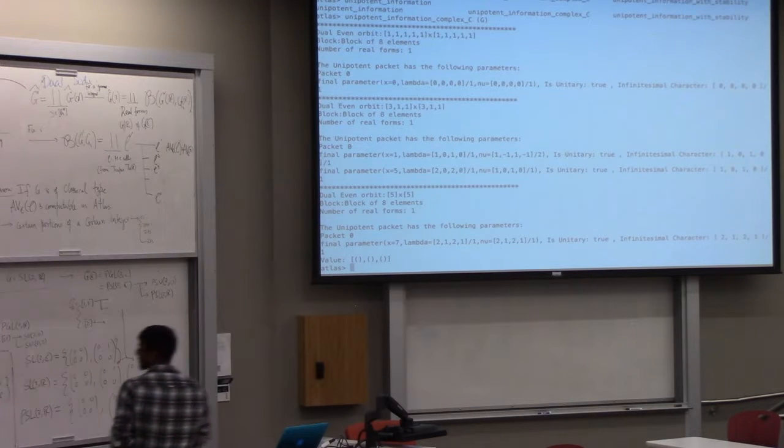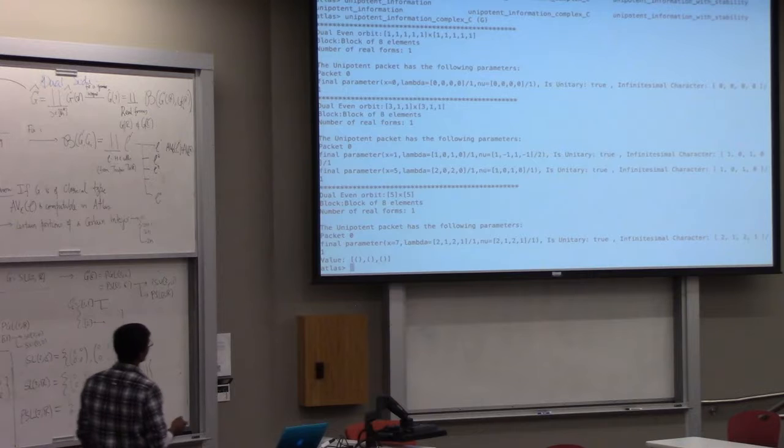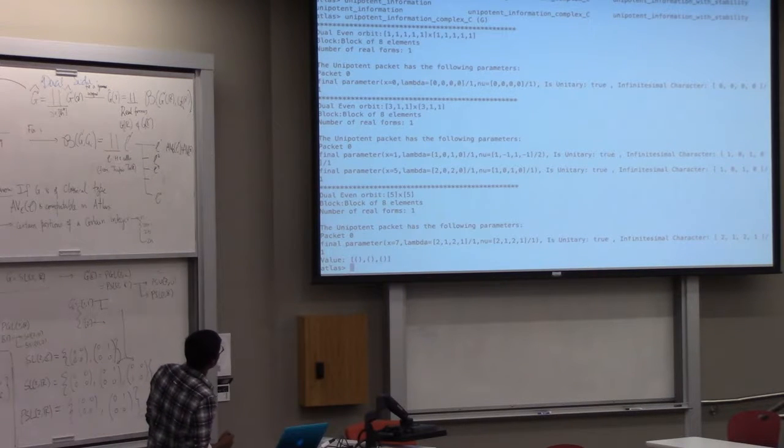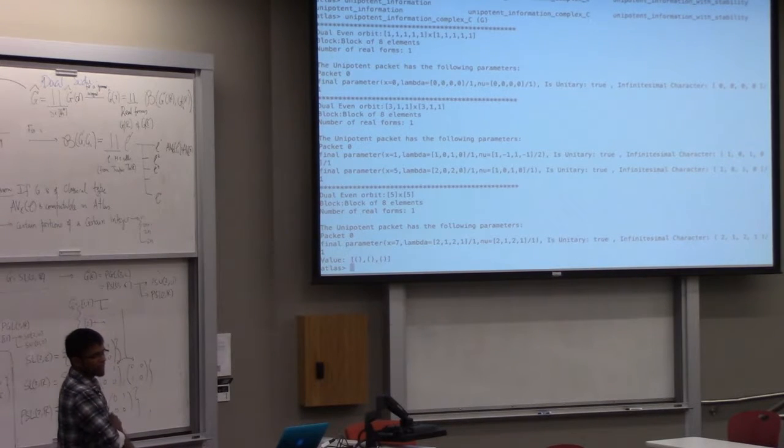This does not use any of the real orbit stuff that I spoke about in the later part of my talk. This is up to complex associated varieties and the Noel-Jackson algorithm, and these are the packets that I get for each of the given complex orbits. So I think that would be a good place to stop.